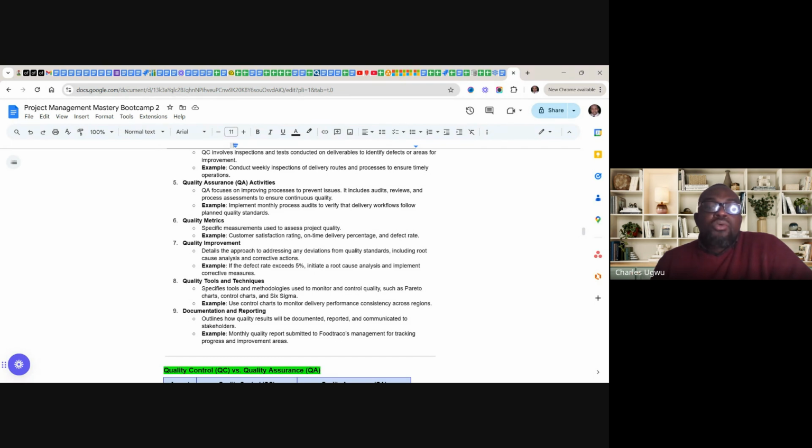Then we talk about quality tools and techniques: specific tools and methodologies used to monitor and control. We have such tools as Pareto charts, control charts, and Six Sigma. These are some of the tools.